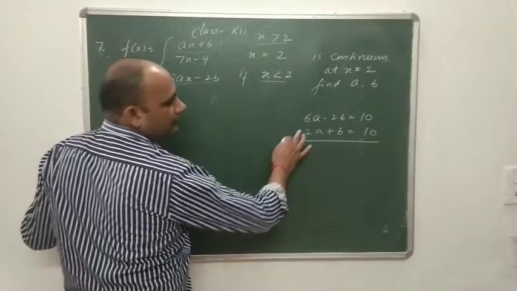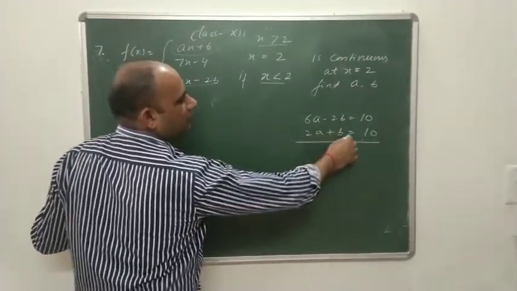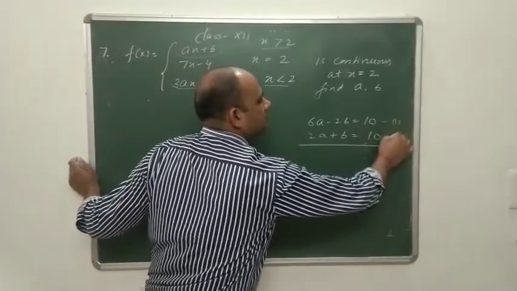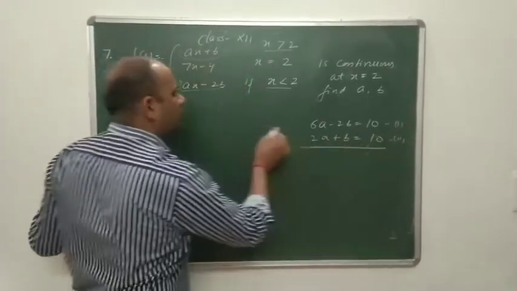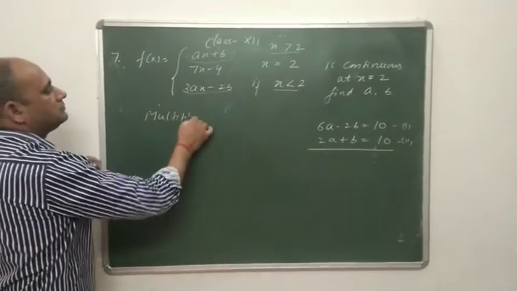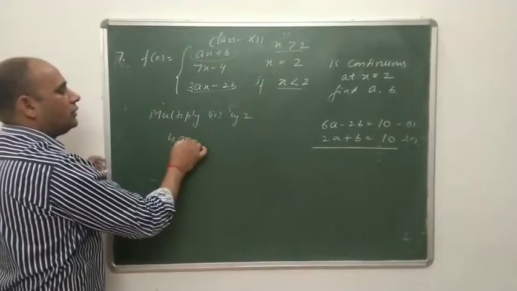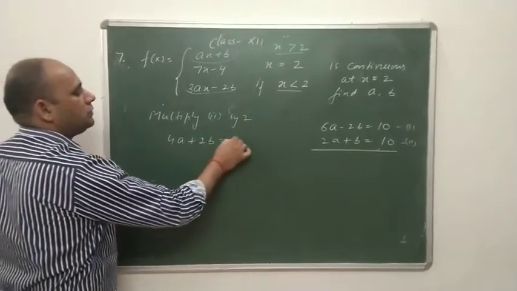Now here 6a, here 2a, here 2b, here b. So we will multiply equation 2 by 2. Multiply by 2, so 2 times 2 is 4a plus 2b is equal to 20.